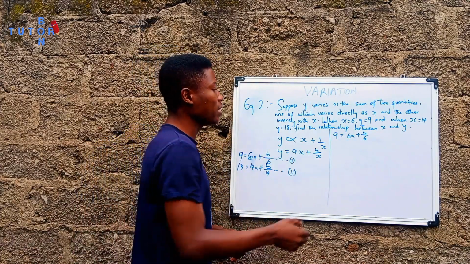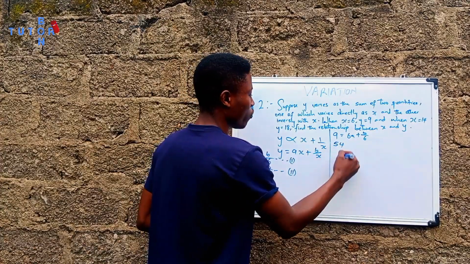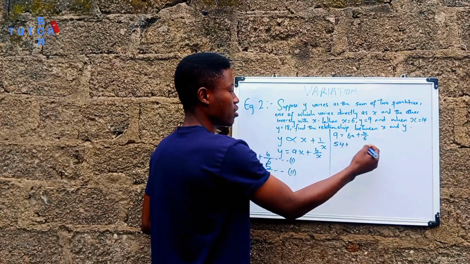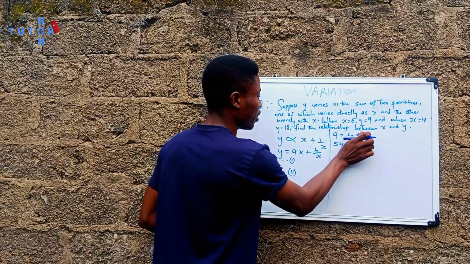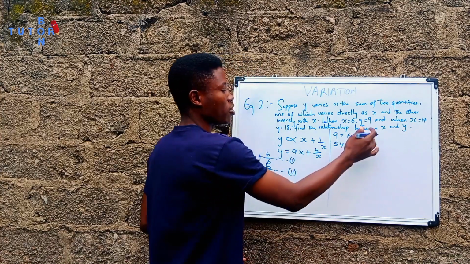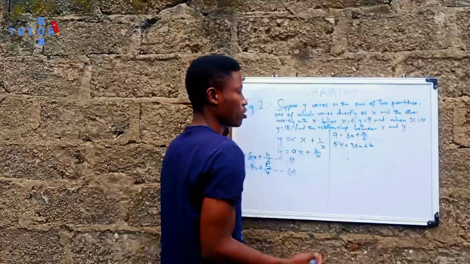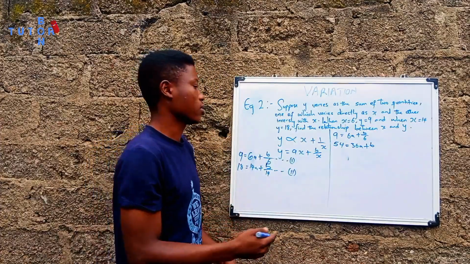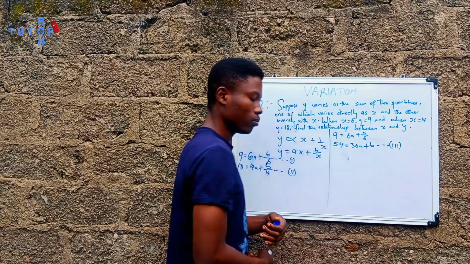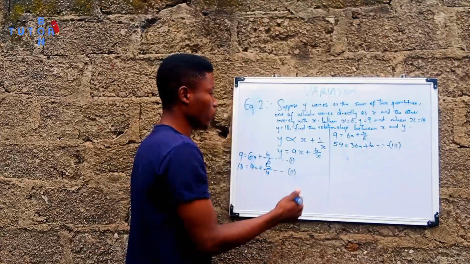So if I multiply each term by 6, this gives me 54, because 9 times 6 gives 54, equals 6a times 6, which gives 36a, plus if I multiply 6 by b over 6, I'll be left with b, because 6 will cancel 6. I'll call this my equation 3. So moving to the next equation, which is equation 2.